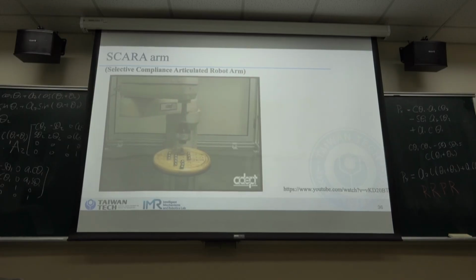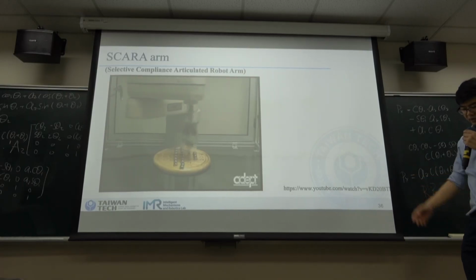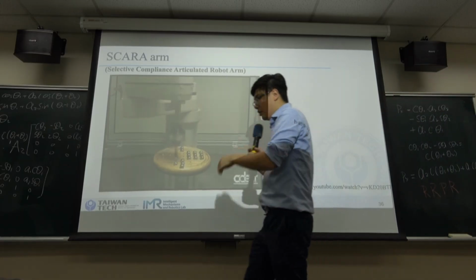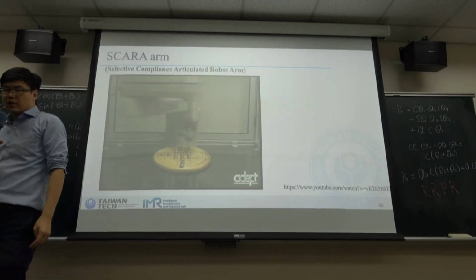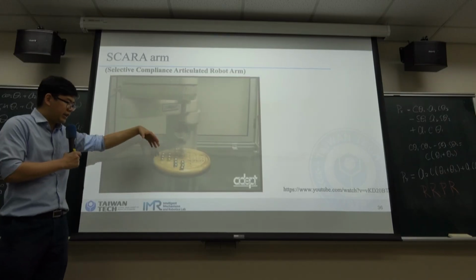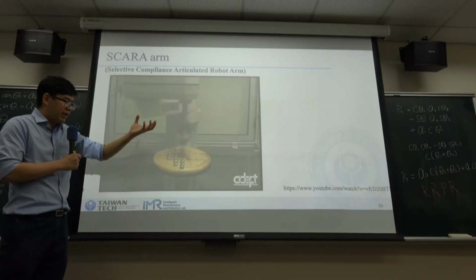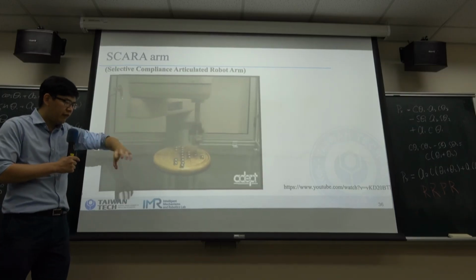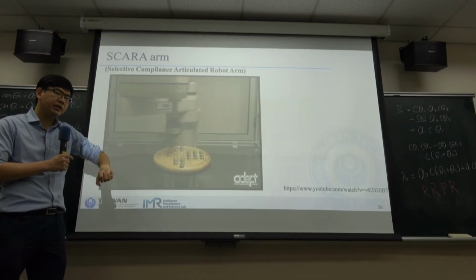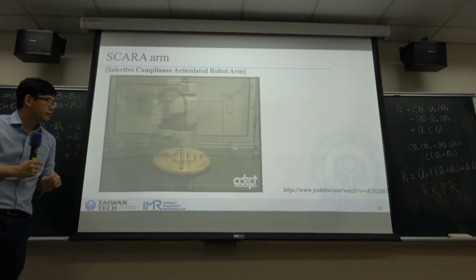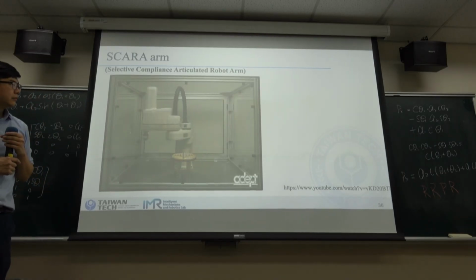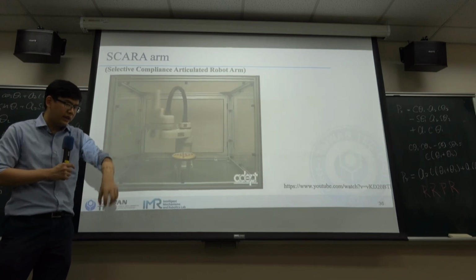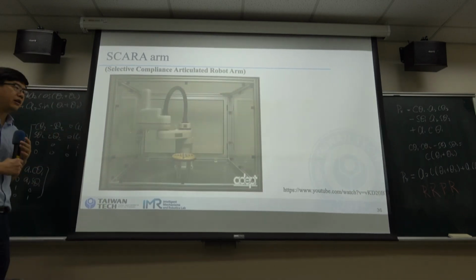It's usually used in industry to do assembly. Unlike 6 degree of freedom arms, which can have different orientations, a SCARA robot can only have one rotation, so we can move in x, y, and z.